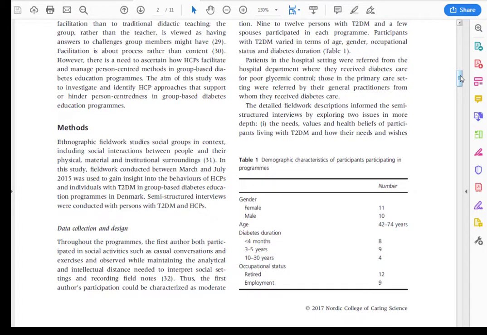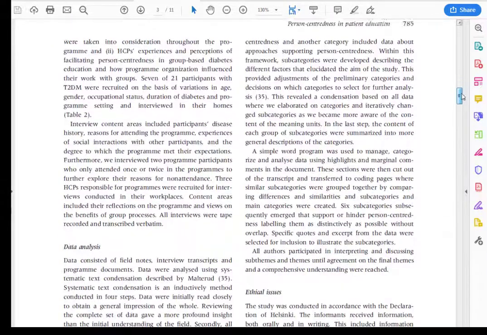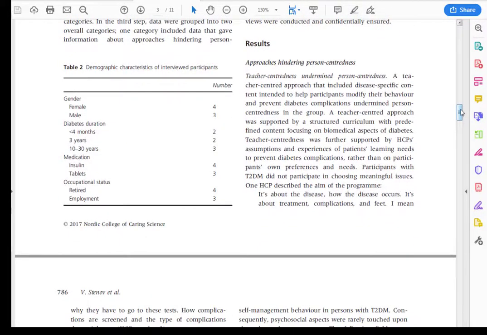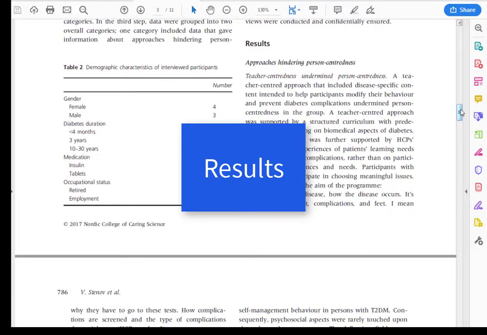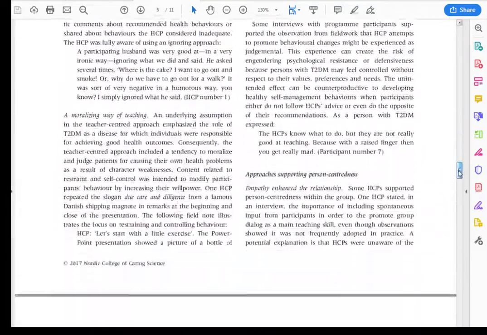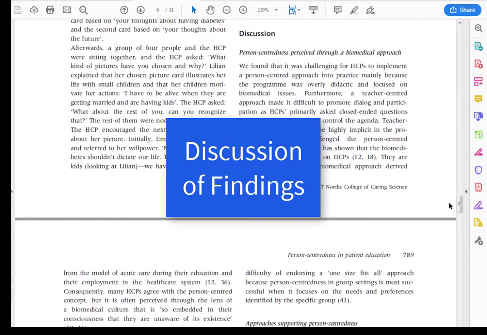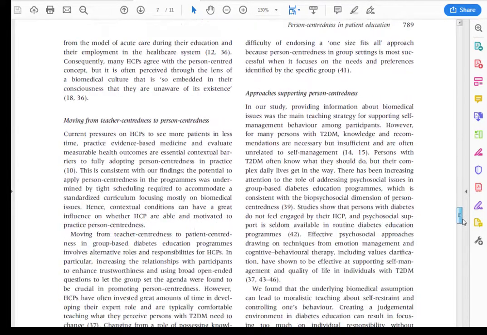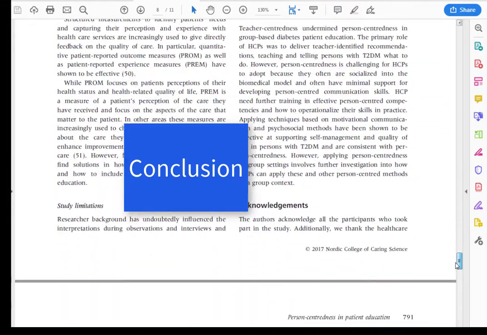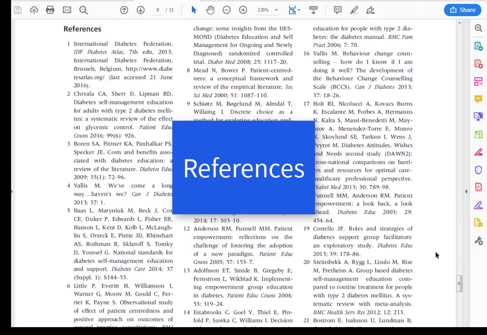This is often followed by a section on methodology. Then we often get an enumeration of results of the study, followed by a discussion or analysis of the findings. Finally, there will be a conclusion, and at the end of the article, usually a list of references.